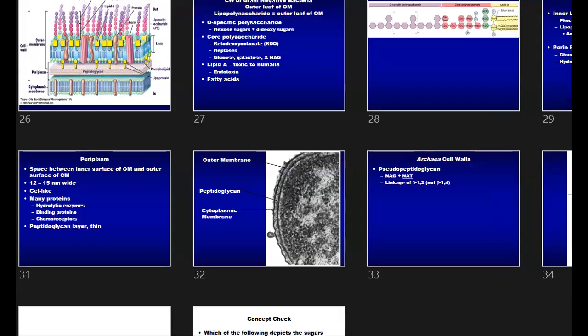So complicated. Let's do an iClicker. Let's see if I can get this thing to work.